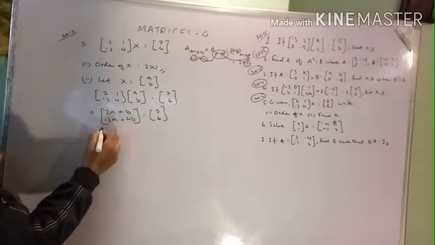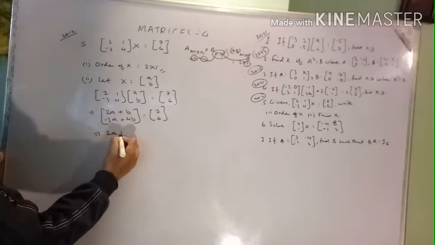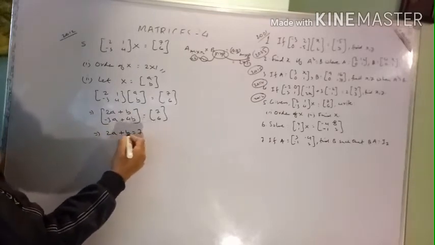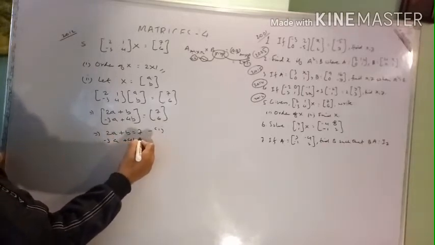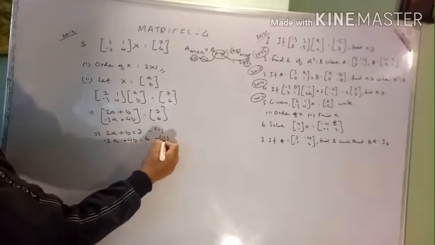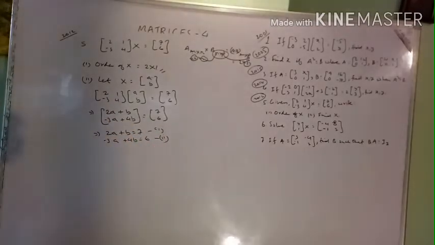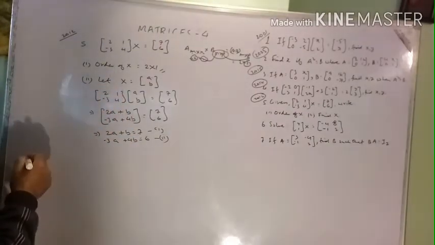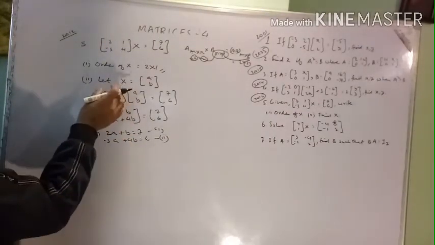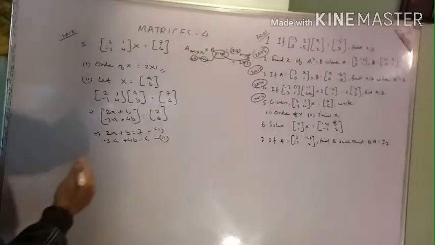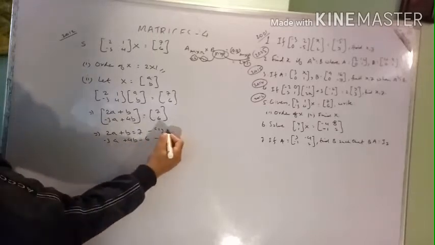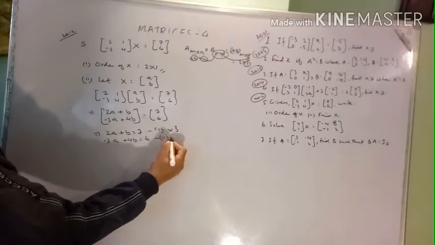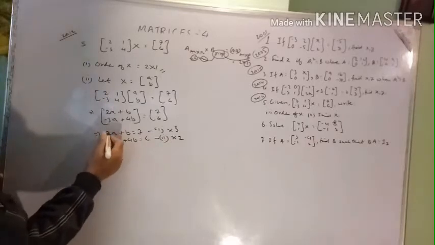So by equality of matrices we get 2 equations. 2A plus B is equal to 7, equation number 1, and minus 3A plus 4B is equal to 6, equation number 2. Now we can solve these 2 equations simultaneously and find the values of A and B, and we find the elements of matrix X. So here we multiply equation 1 by 3 and equation 2 by 2 to make coefficients equal.